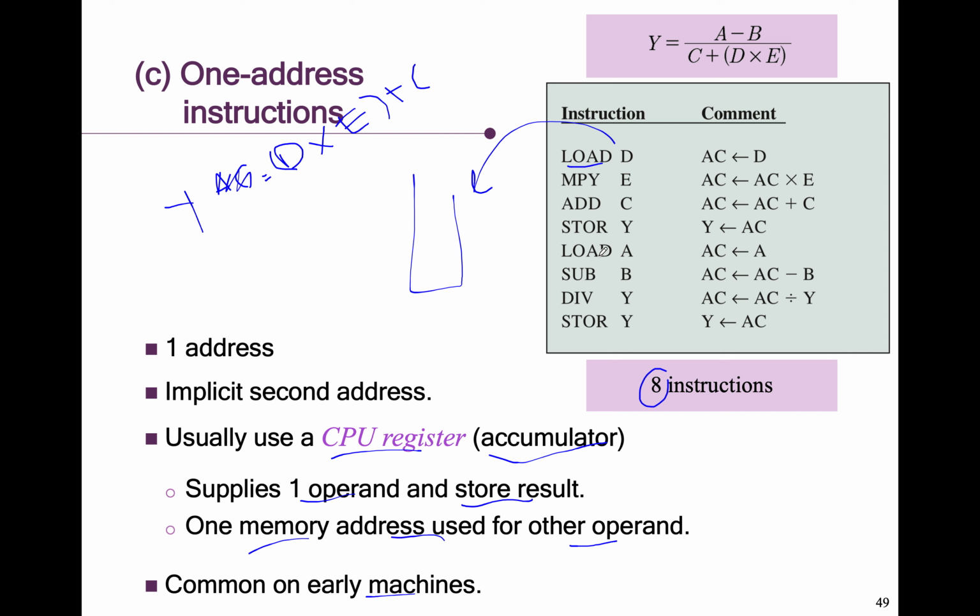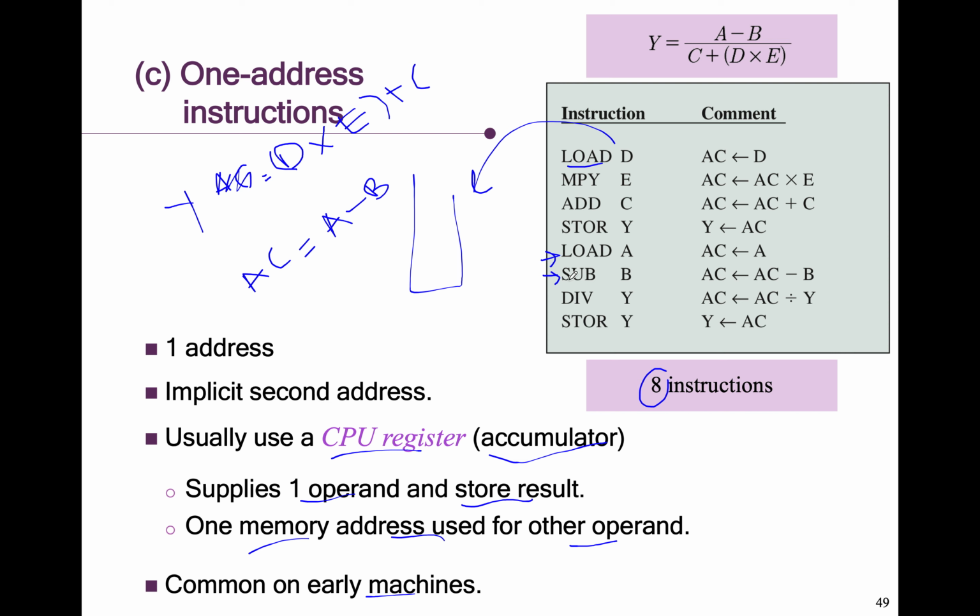You need to load another one, which is for AC, because this already be as a Y, and the new one you're going to load into your register. The value is A. After that, you're going to subtract with B. Just subtract it.